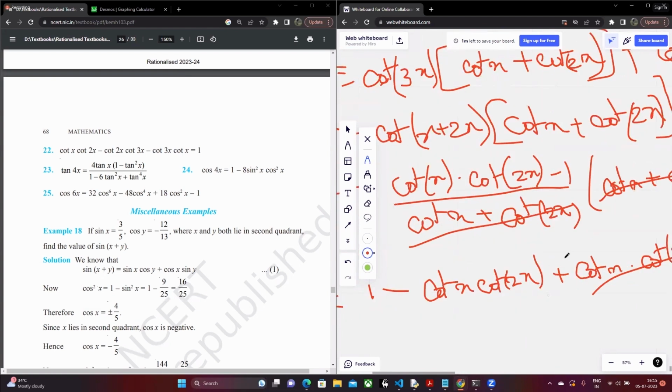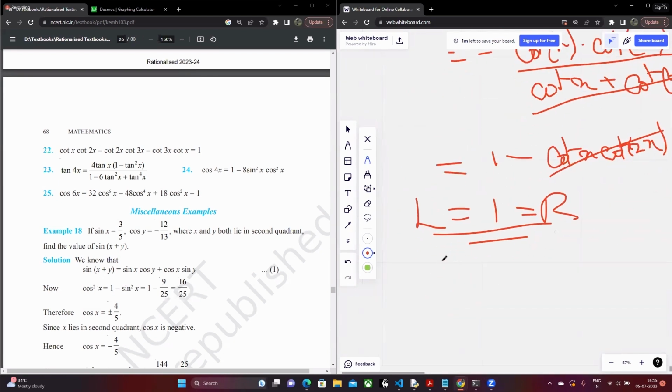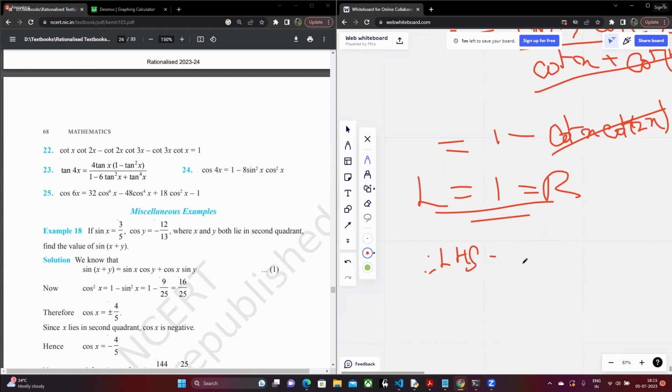So this and this cancel out. We are finally left with 1, which is equal to the RHS. Therefore, I can say that LHS is equal to RHS. Therefore, I have to say.